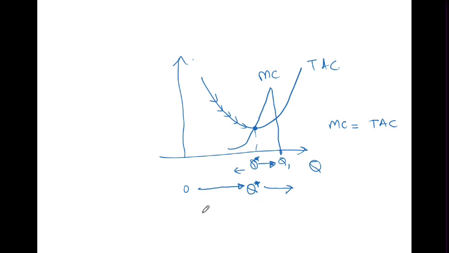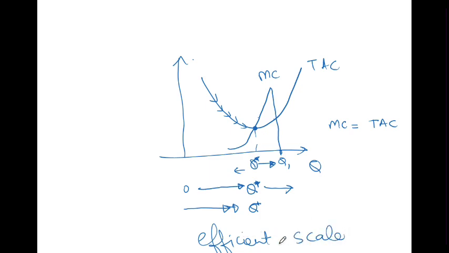So firms want to scale, they want to increase their production till they reach Q star, and Q star is also called the efficient scale. So when you go and look back into the book, this point Q star is called the efficient scale.